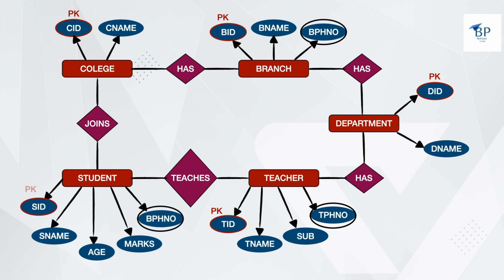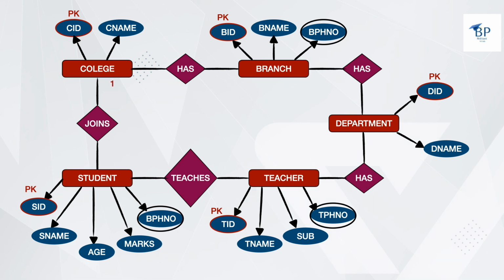Now first, between college and branch, can you tell me the cardinality? College is 1 and branch, we have many branches. It may be Hyderabad branch, Bangalore branch, Vizag branch. We have a lot of branches. So a one to many relationship we have to keep in between college and branch.